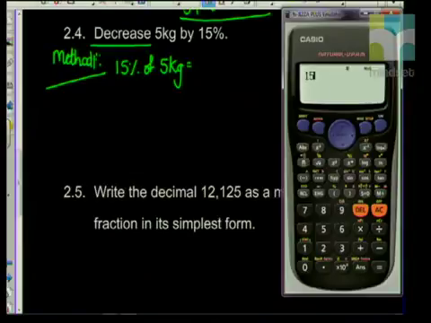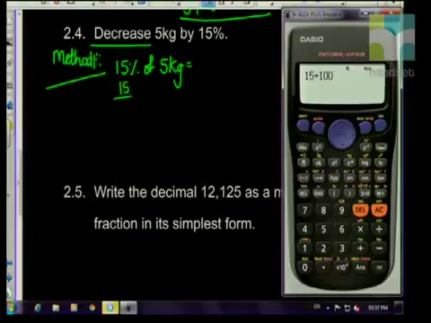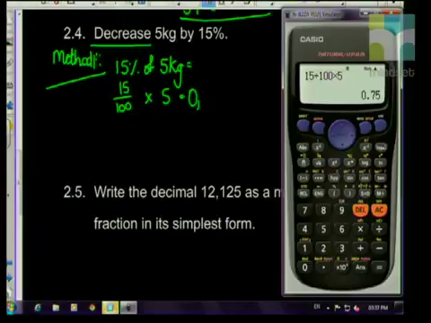If I've got a scientific calculator, I can use the percentage button, but if I didn't, I would just divide that by 100. So it would be 15 over 100 times 5. And that gives me 0.75 kgs.